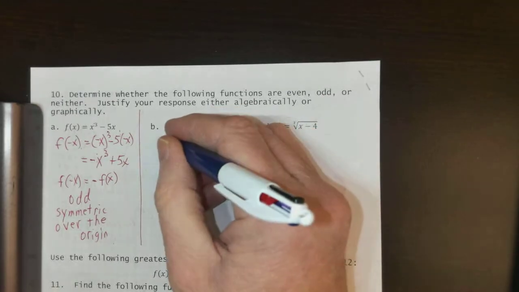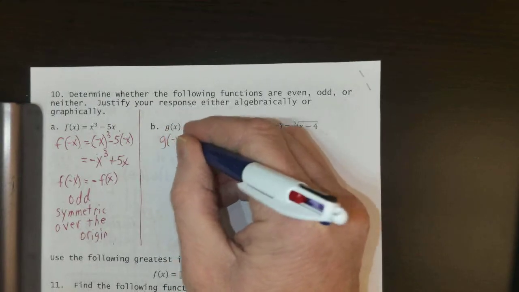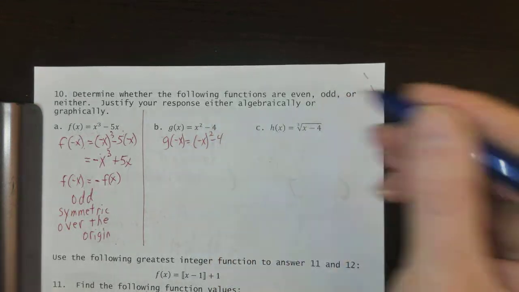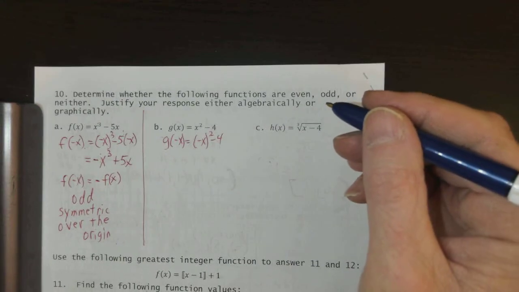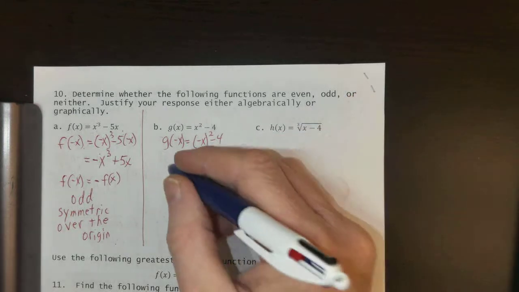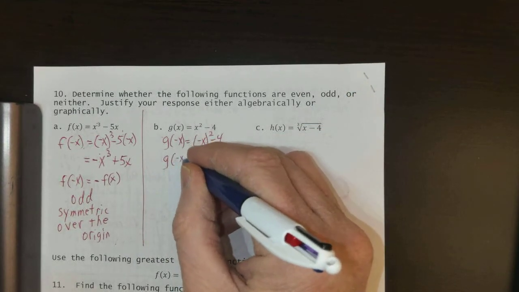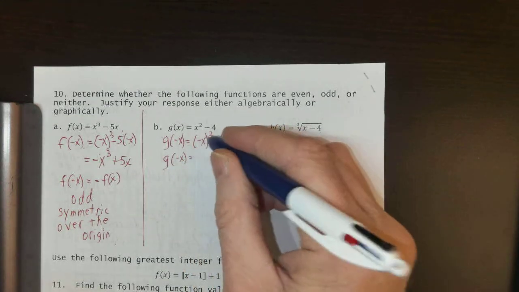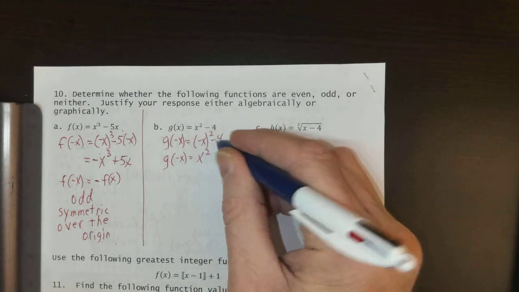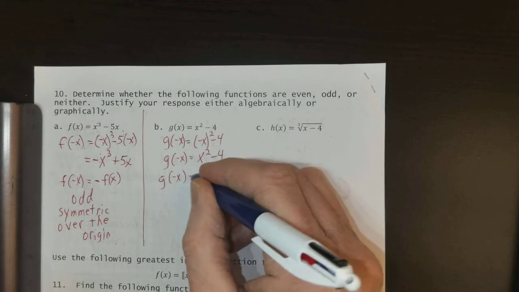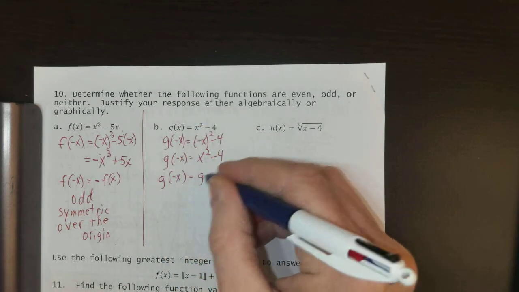Now this one, I've got g of negative x equals negative x squared minus 4. And g of negative x will equal negative times negative, that's positive, x squared, and then I still have that minus 4. So g of negative x is equal to just the same thing as g of x.